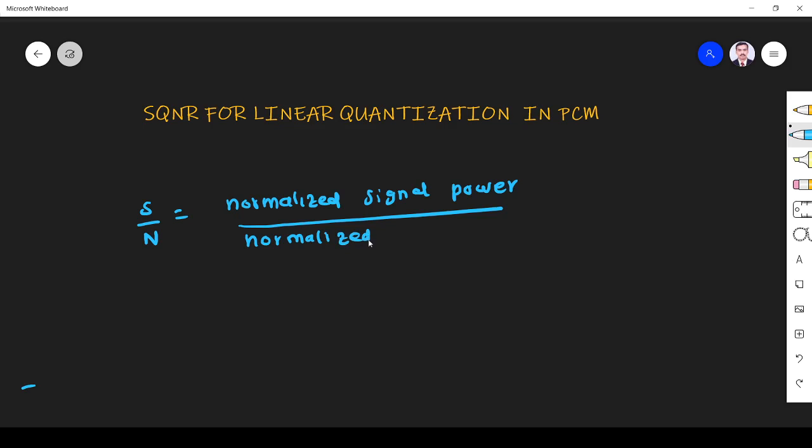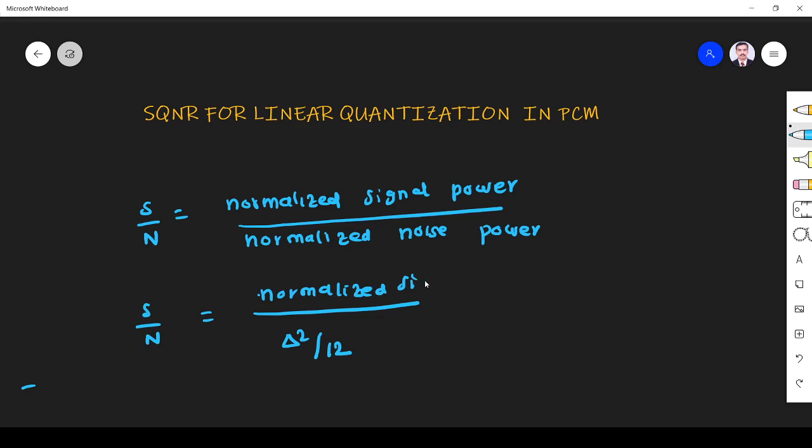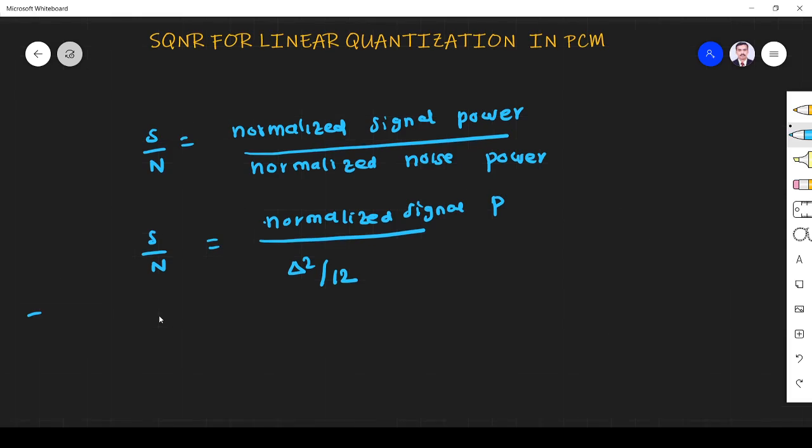And for PCM, we know that the normalized noise power is del squared by 12. So SNR is equal to normalized signal power by del squared by 12. So I have to find out what this normalized signal power is.